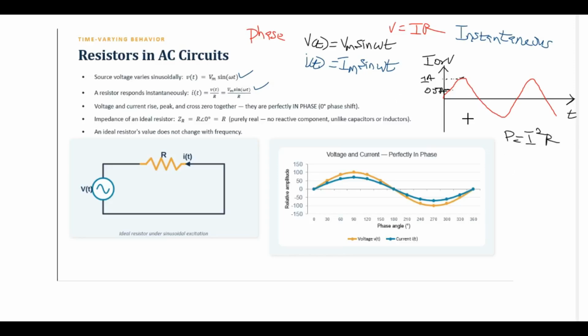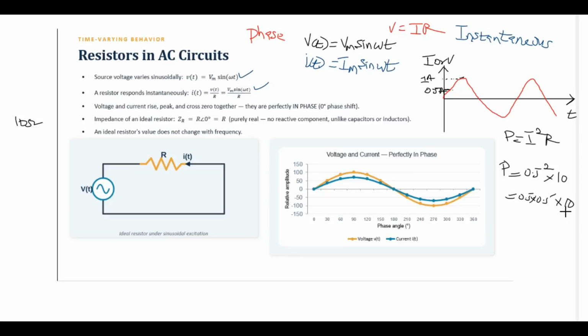So if this resistance value is, say, 10 ohms, at the instant where the current is 0.5 amperes, the power dissipated is going to be equal to 0.5 squared multiplied by 10, which is 0.5 times 0.5 times 10.